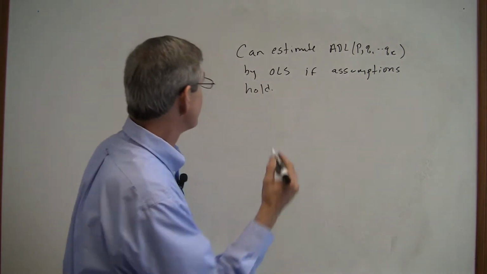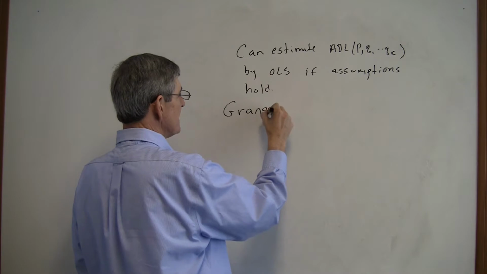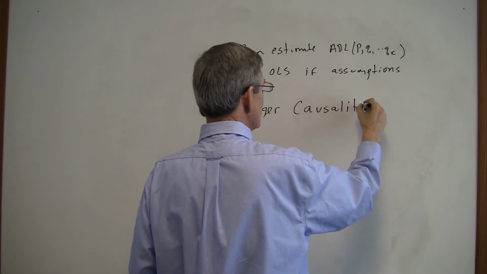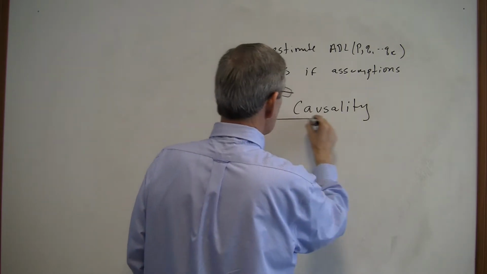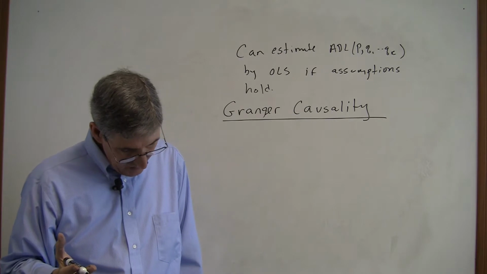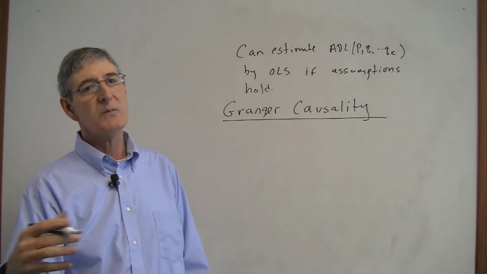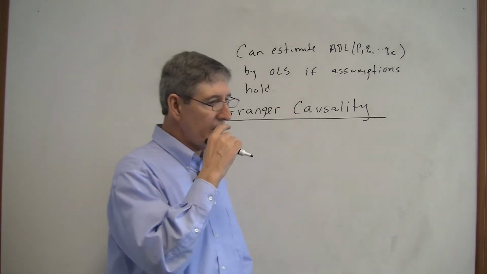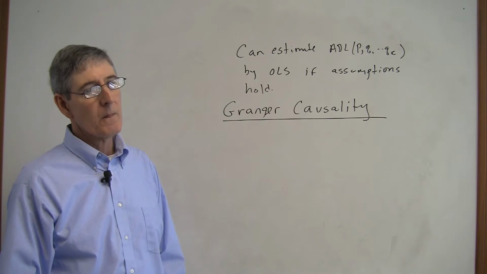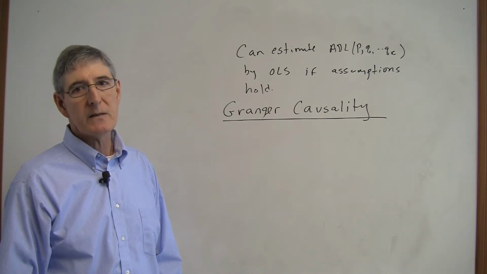So the first thing we'll talk about is Granger causality. What we want to know here is whether one variable helps to predict another, whether one variable helps to cause another variable. So we might want to know, does the federal funds rate help to predict GDP?